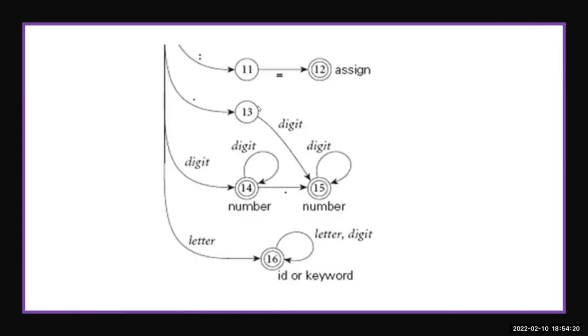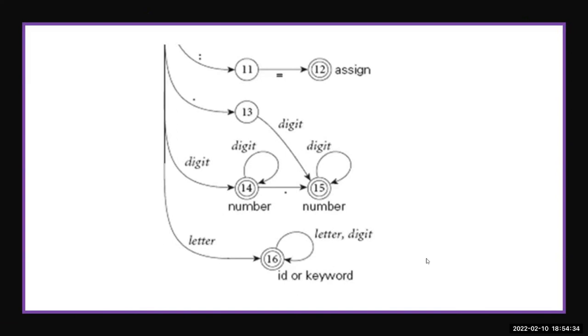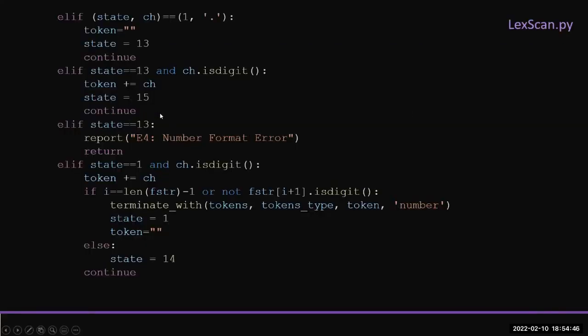Okay, next one we have the assignment, digit, number, and later ID. Here we look into a single dot, then we go into state 13 and check the digit. This one is this branch right here, going to here, and going to there.